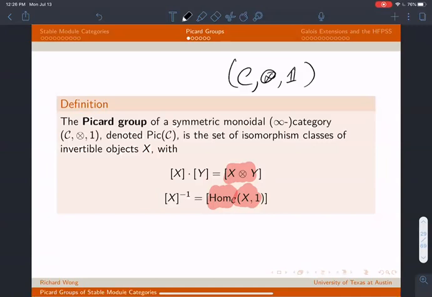Okay. Yeah. So in particular, all of these elements in the Picard groups are dualizable. Okay, so you just have a tensor Hom. So yeah, this is the tensor Hom adjunction thing. Thanks. Yeah, so the Picard group is this thing.